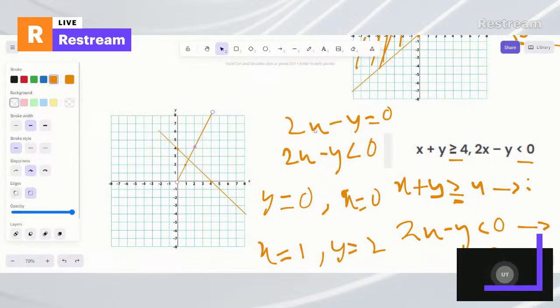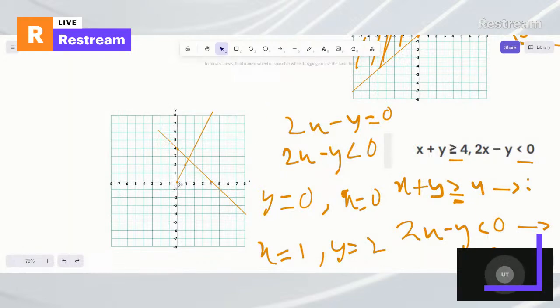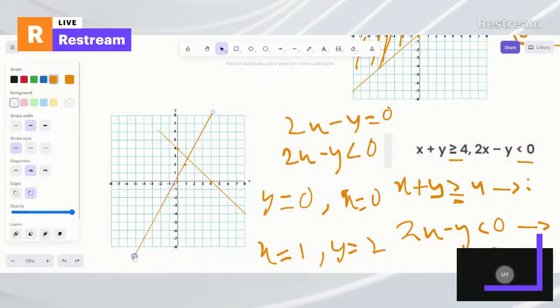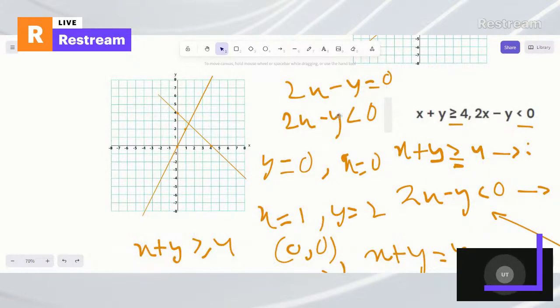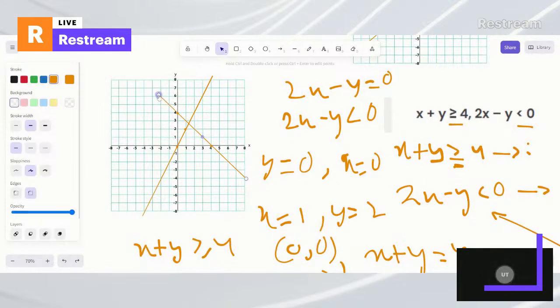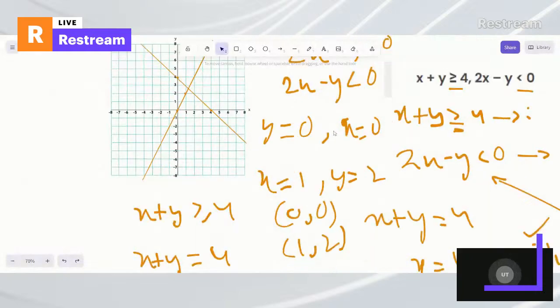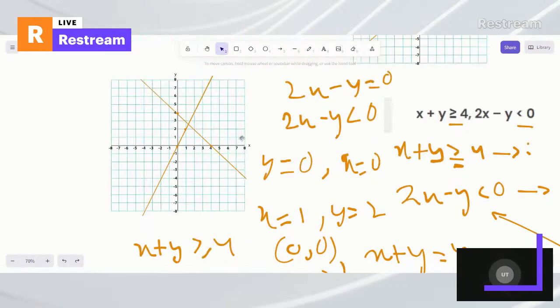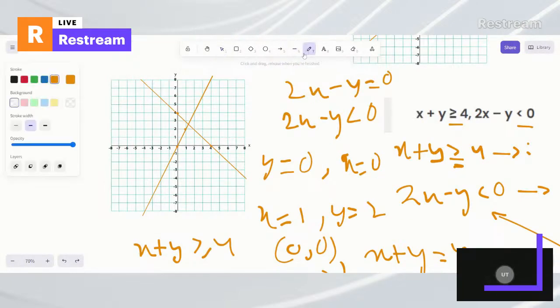Now what do I do? I now have two regions. They said that this region was greater than 4, so all of this is included.